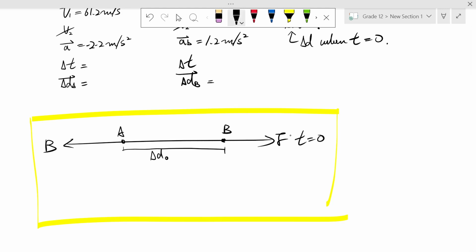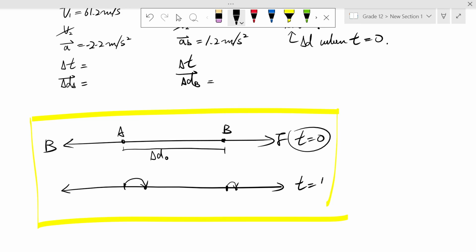I'll denote t equals 0 over here. Then you have the same set of points over here, but A goes over here right now, and B goes a little interval over here. That's when, let's say, delta t equals 1. It's not actually in proportion, but bear with me. Your distance between the two is going to be here.